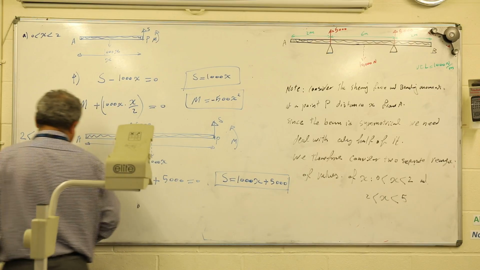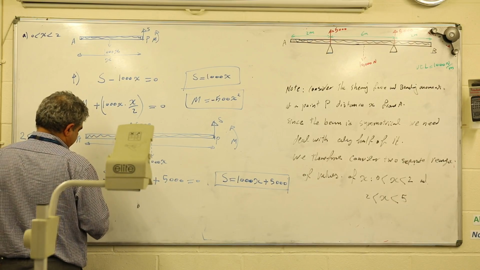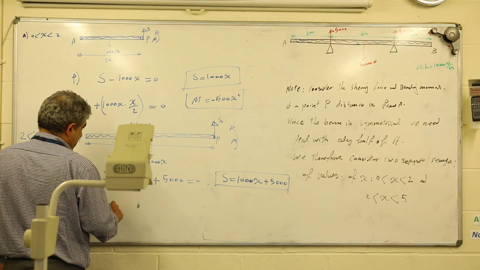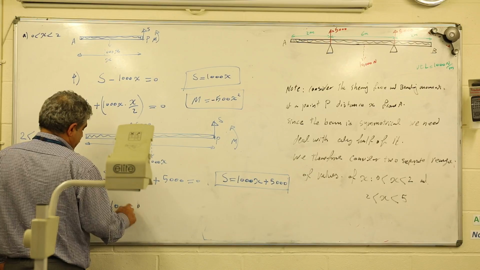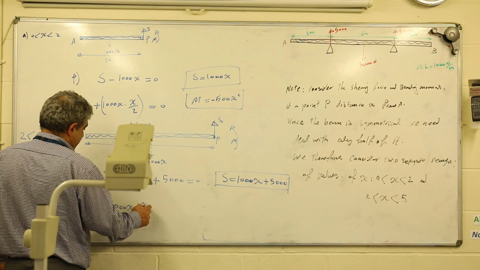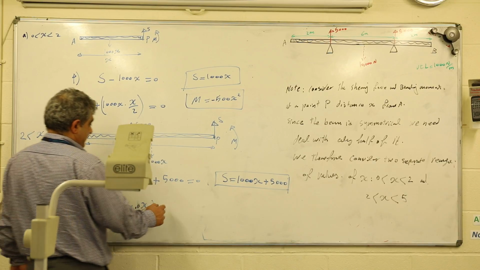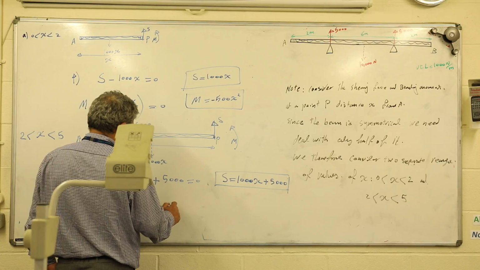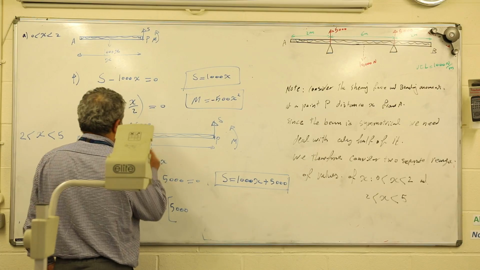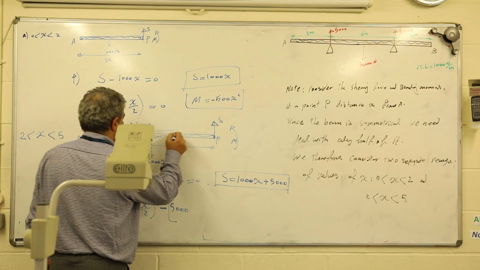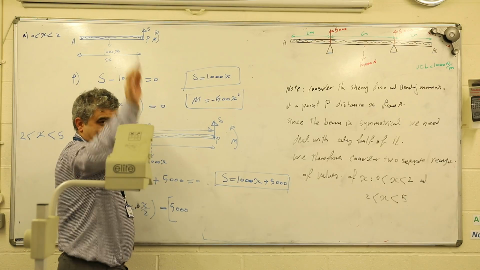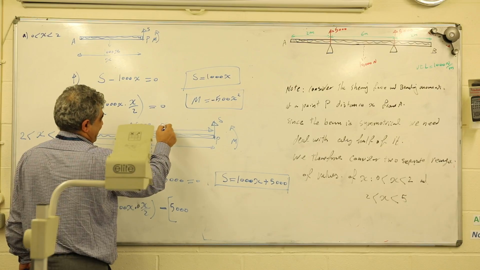In the next one, moment: minus 1,000x, it should be plus or minus, I think plus, times x divided by 2. And the other one is minus 5,000 multiplied by the distance. What's the distance here, to there? x minus 2.